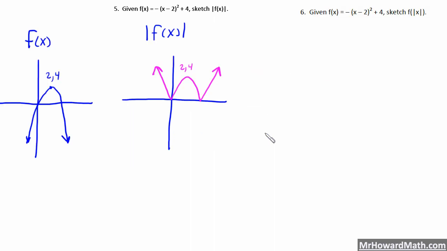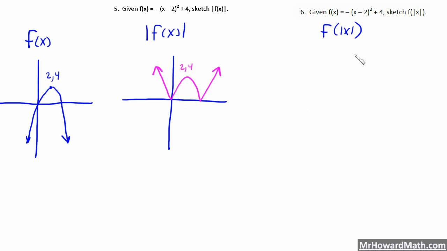Alright, so question 6 gives us the same parabola. So our f of x graph is still the same as it was over here. And now they ask us to sketch f of absolute value of x only. So remember, those rules say that our positive x's, so all of this right here, it stays and it gets reflected over. So all of the negative x's are actually going to be gone here.